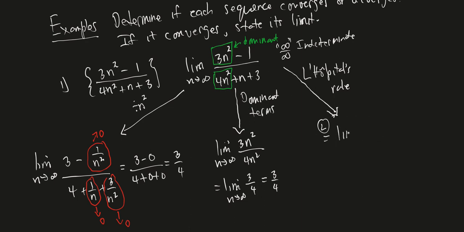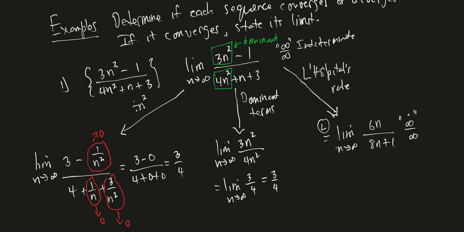And L'Hopital says take the derivative of the top and the derivative of the bottom separately and then try to evaluate it. So the derivative of the top is 6n. The derivative of the denominator is 8n plus 1. And we still have an infinity over infinity form because as n goes to infinity, so does 6n. As n goes to infinity, so does 8n plus 1.